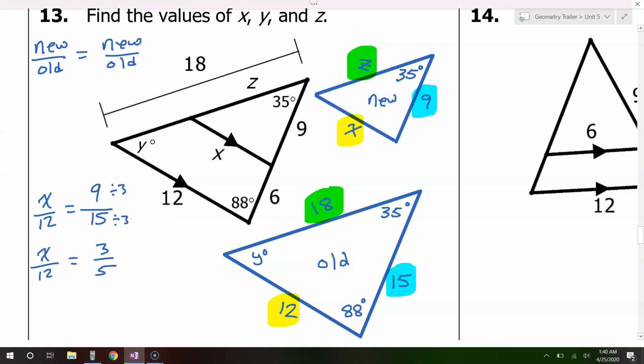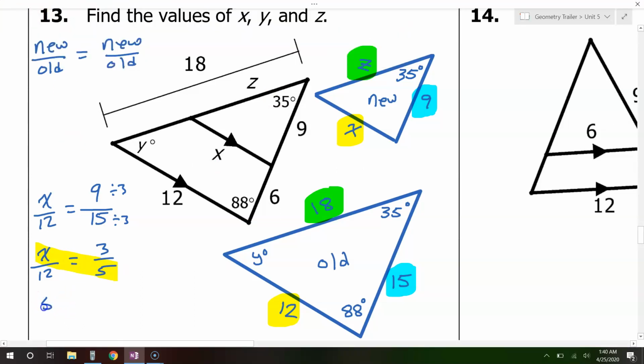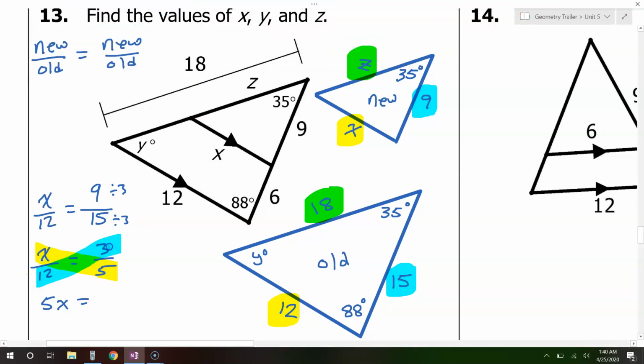Then you cross multiply. So if I multiply this diagonal, I get 5x. If I multiply the other diagonal, that's 3 times 12, which is 36.